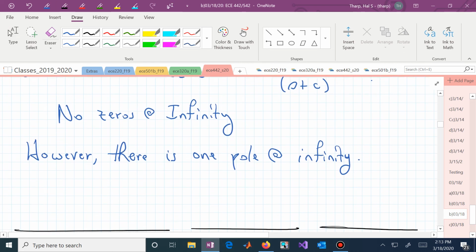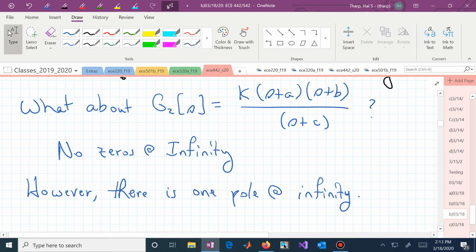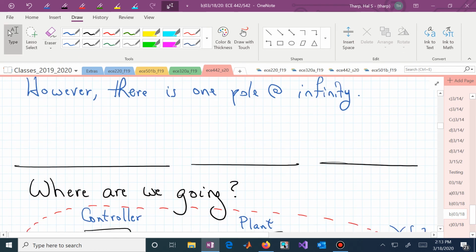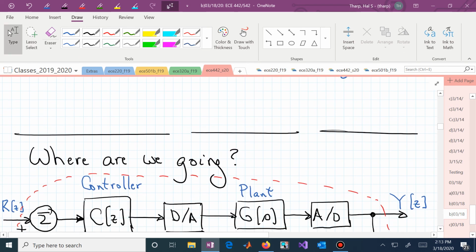In this case, we have two more finite zeros than we have poles, and for that reason, now we have poles at infinity. As we let s go to infinity, that G sub 2 of s expression will go unbounded, so we now have a pole at infinity. And there's no need to keep track of negative numbers of zeros at infinity.